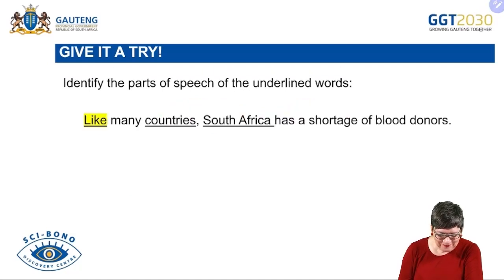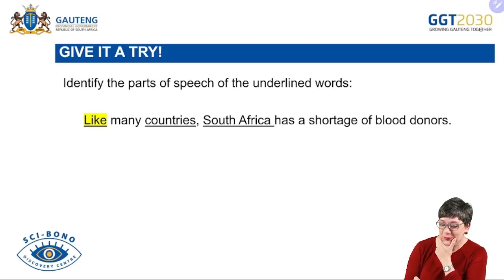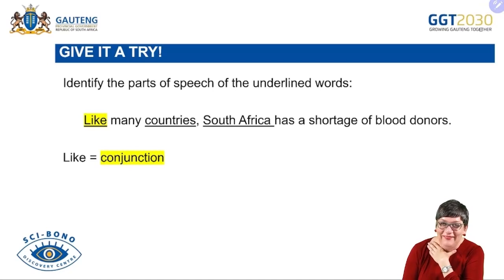Let's try another one. So we've got here: like many countries, South Africa has a shortage of blood donors. Okay, interesting. Easiest one to find, obviously, South Africa. But what about like in countries? Now, if you remember, like is a conjunction. So that's an easy one.